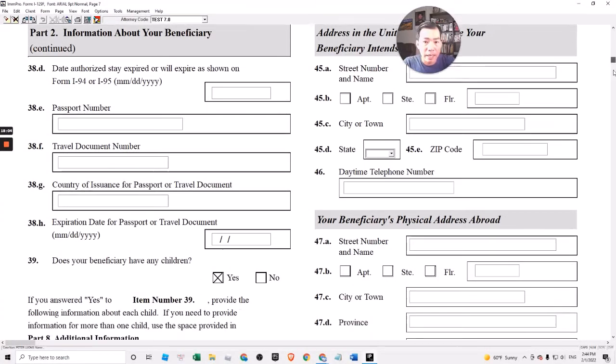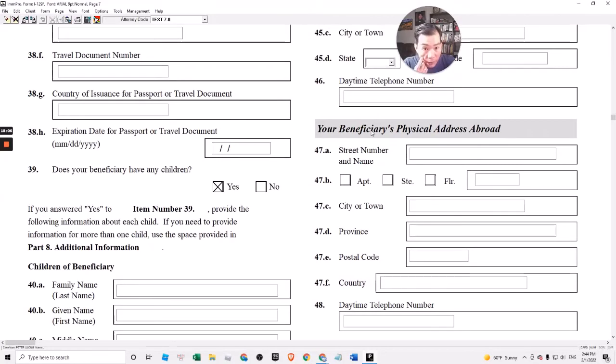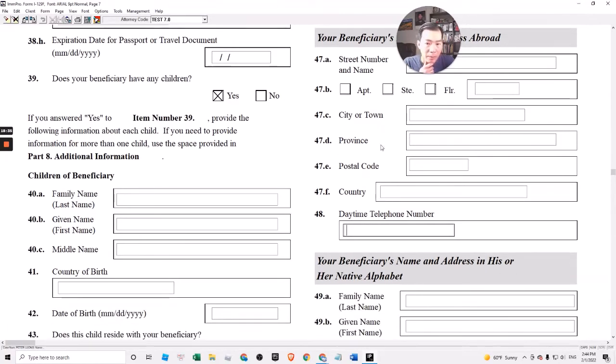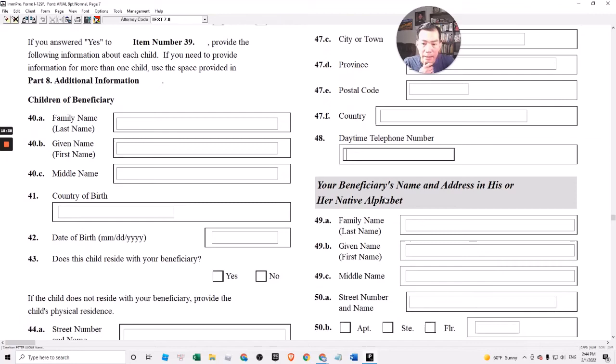And the next question, your beneficiary's, your fiancé's address overseas, abroad, filled out in detail. The address in other countries has a different format from the US. You try your best to put the complete address so that they can contact, and the telephone number, very important, because when your petition is routed to the US Embassy or US Consulate in the country where your fiancé lives, they will contact him or her by phone or by mail.